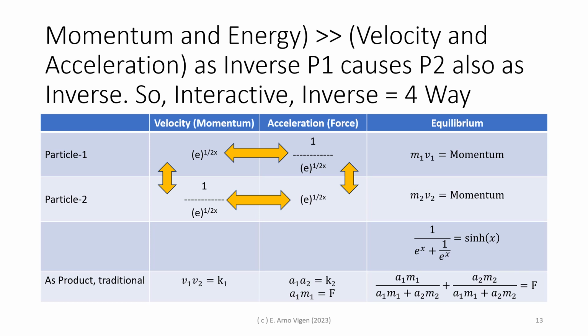So particle 1 to particle 2 becomes inverse, but velocity becomes inverse to acceleration, and then particle 2 has acceleration to velocity, and you get this four-way 2x2, a symmetric SU2 matrix based upon these inverses flipping and flopping.